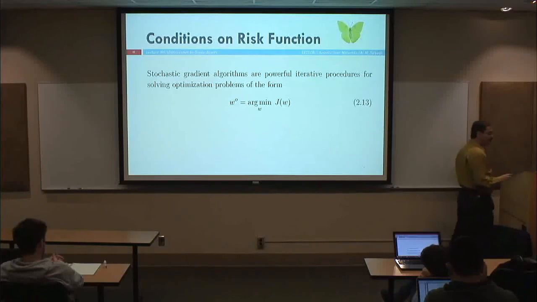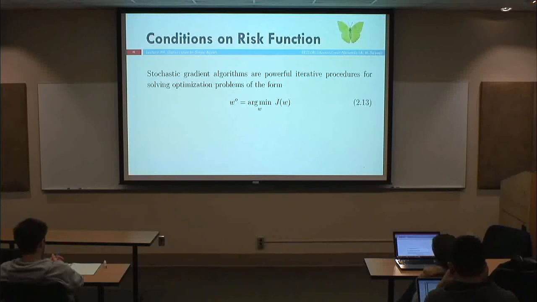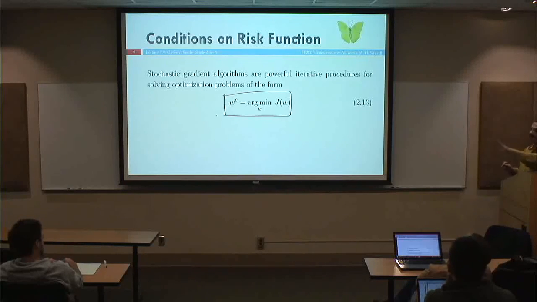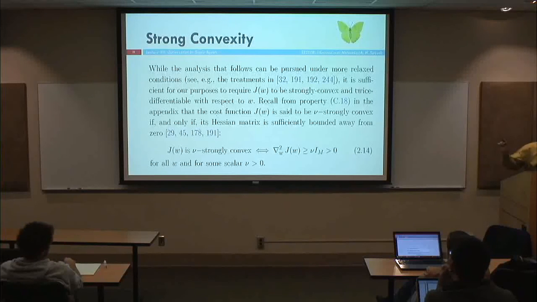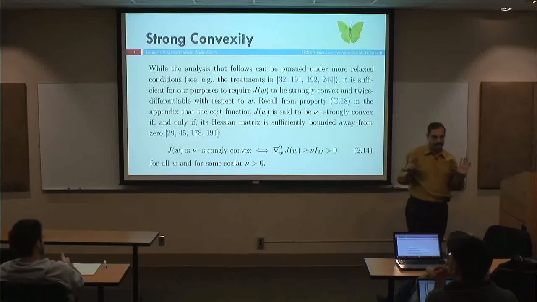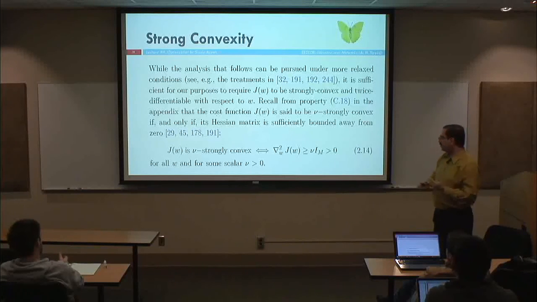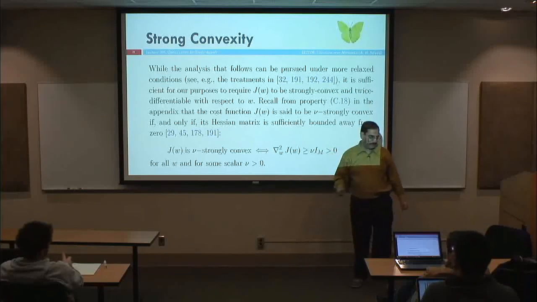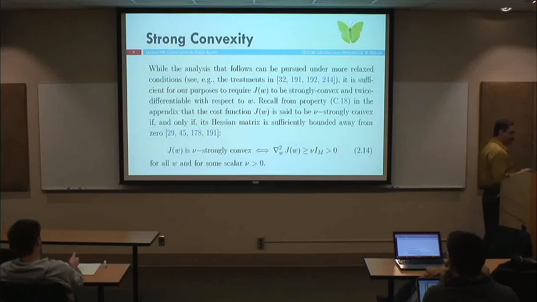So what are the conditions that I need to introduce on the risk function? First of all, this is the problem I would like to minimize. The first condition is that I would like J to be strongly convex. The main motivation for that is because that problem will have a unique minimum, okay? So I'm going to assume that my function, like you see it in this equation 14, is strongly convex.